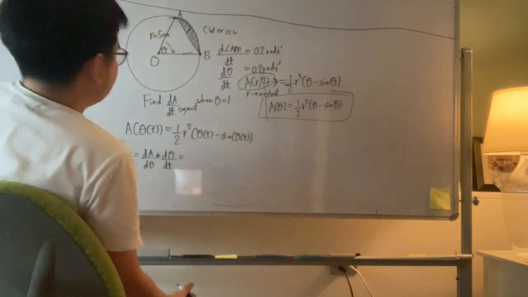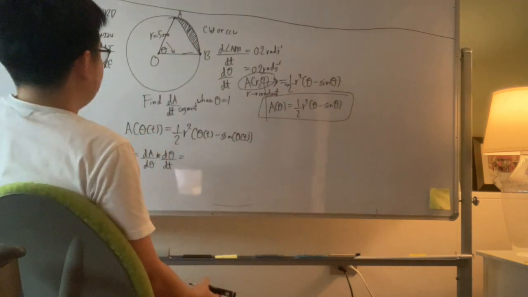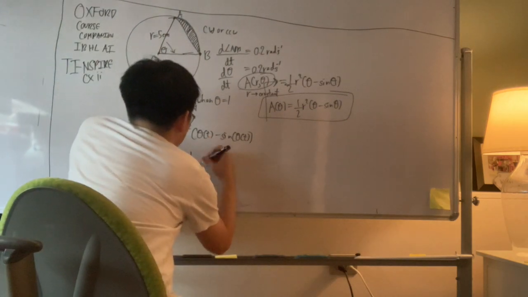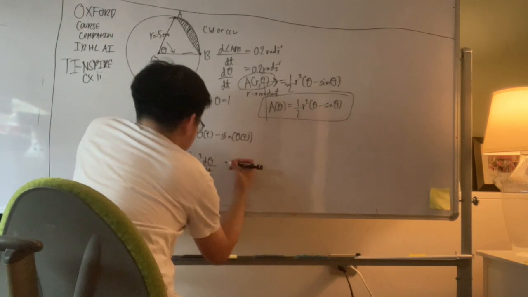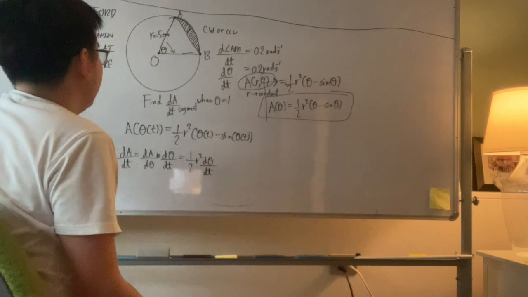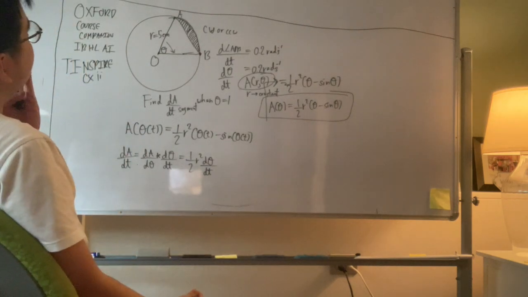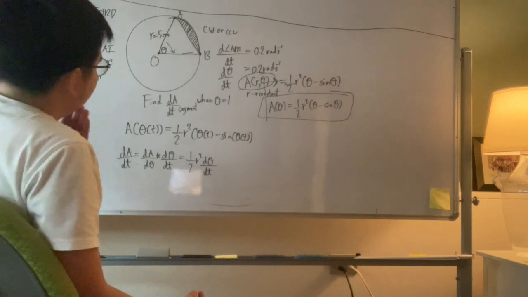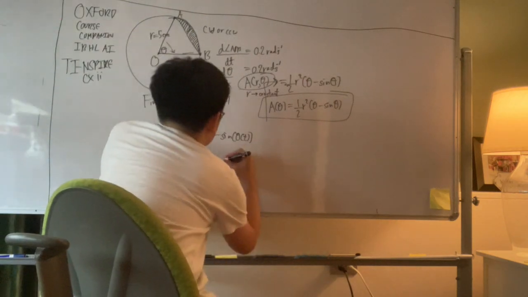You have to do this separately. So theta of t, that's just going to be d theta/dt. So you have 1/2 r squared d theta/dt. And then you have minus sine theta of t, so that's going to be minus cosine.